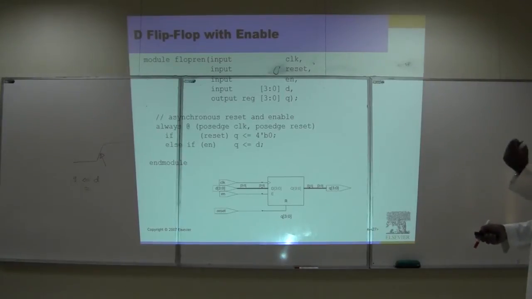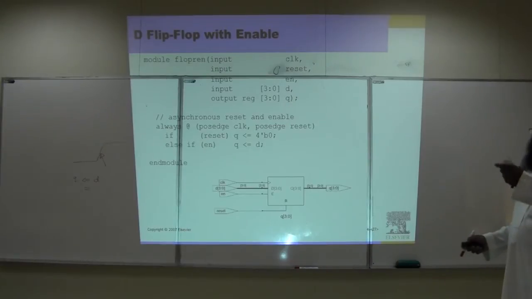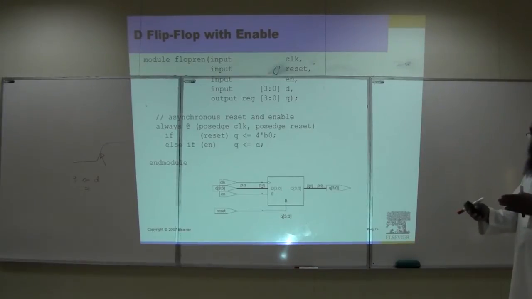But if you close it, the clock comes, but it will not change it. Enable is for close or open, like this. Enable, disable. And clock is to control the time. If it is enabled, then at which time it will change, clock will control. Do you understand the difference?